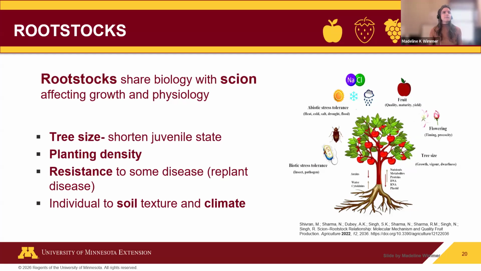And this is important to keep in mind with your rootstock, because certain rootstocks work better with certain soil types. Some are more cold hardy than others. Some are disease resistant or resistant to certain pests, for example.